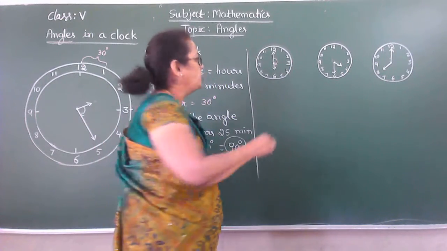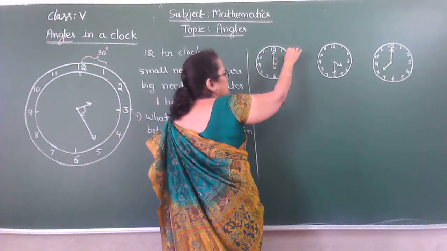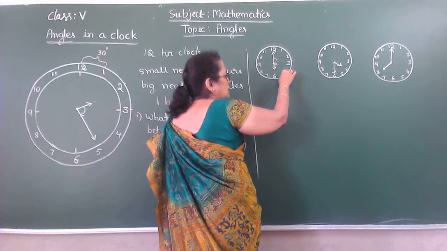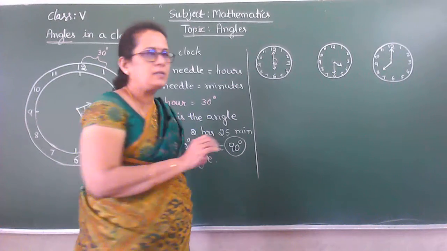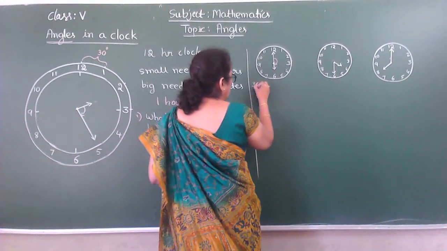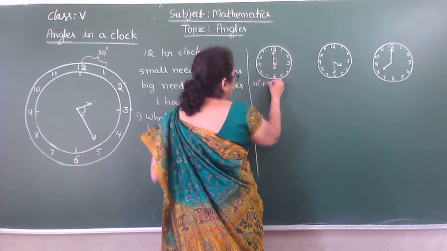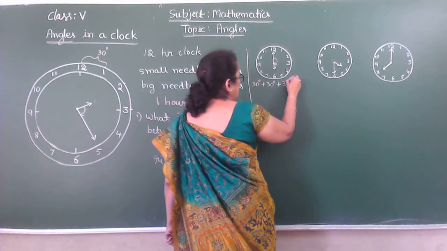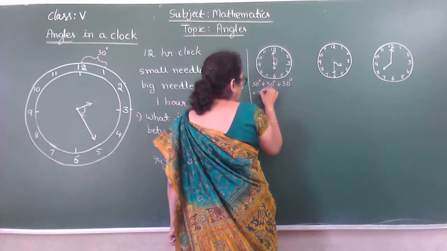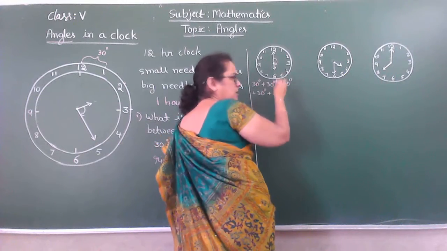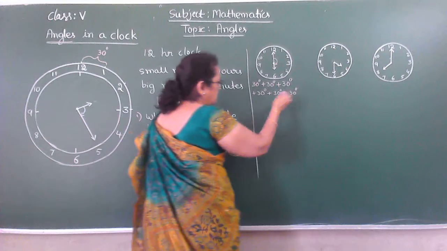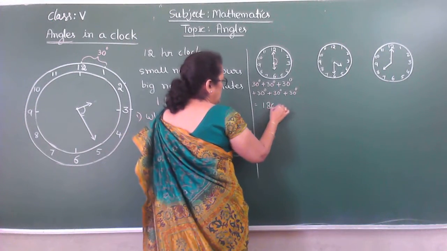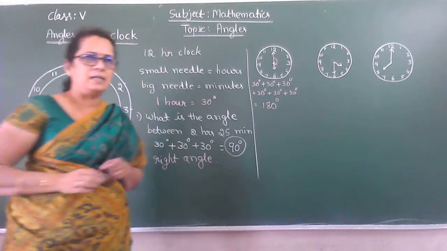Every number is 30, 30, 30, 30, 30, 30. So 6 times 30 you add it. Then see here 30 degree plus 30 degree plus 30 degree plus 30 degree. How many times? 6 times. So the total is 180 degree.